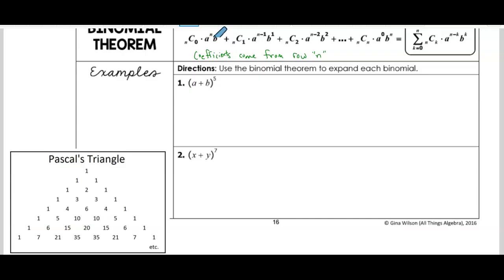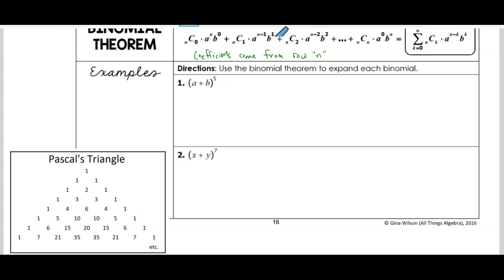So that means that whatever binomial power I'm looking at, I'm going to also have that same power on the first term. And then the second term is going to start at exponent 0. Whatever the first term of the binomial is, it goes down 1 power lower each time.